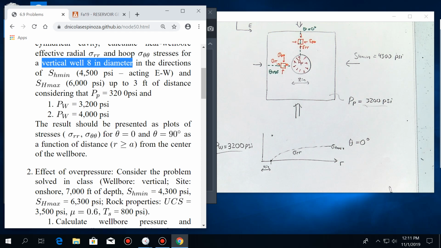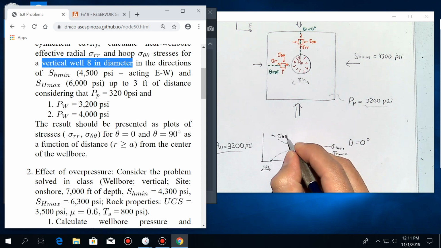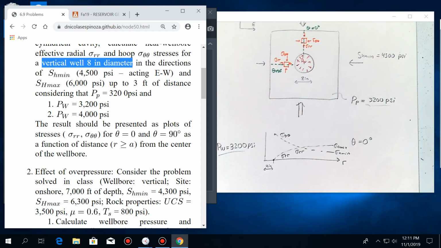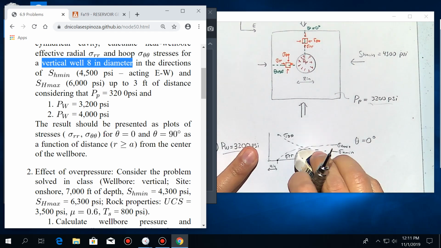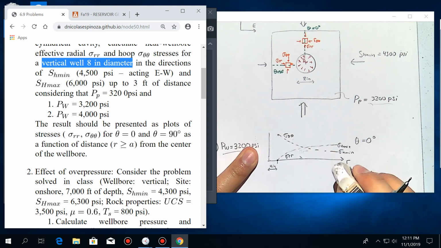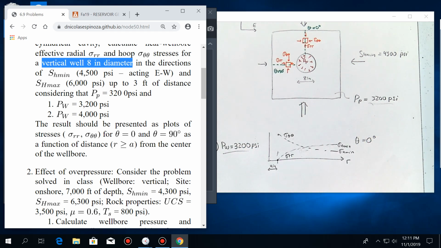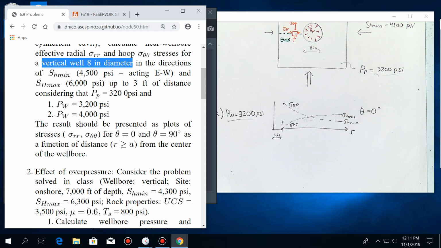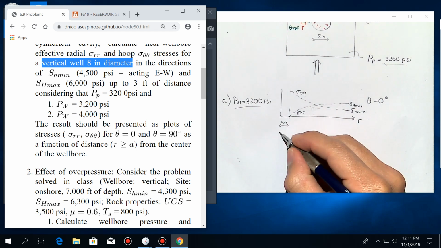So it's going to tend to something like this, where this is sigma theta theta and this is sigma RR. When you use the Kirsch equation, you're going to be able to get these two lines and see how they vary with distance.